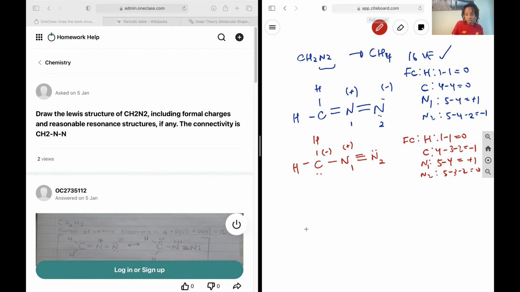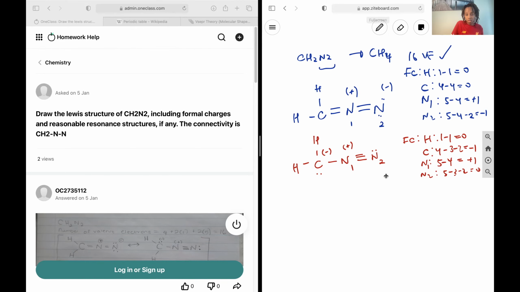Is there anywhere else where we can move any electrons? The answer is no. We know that if we have the lone pair on this nitrogen, then the valence electrons don't check out. That's what we had initially. And if we have the lone pairs on hydrogen, that simply doesn't make sense, because hydrogen can't have that many electrons on it.